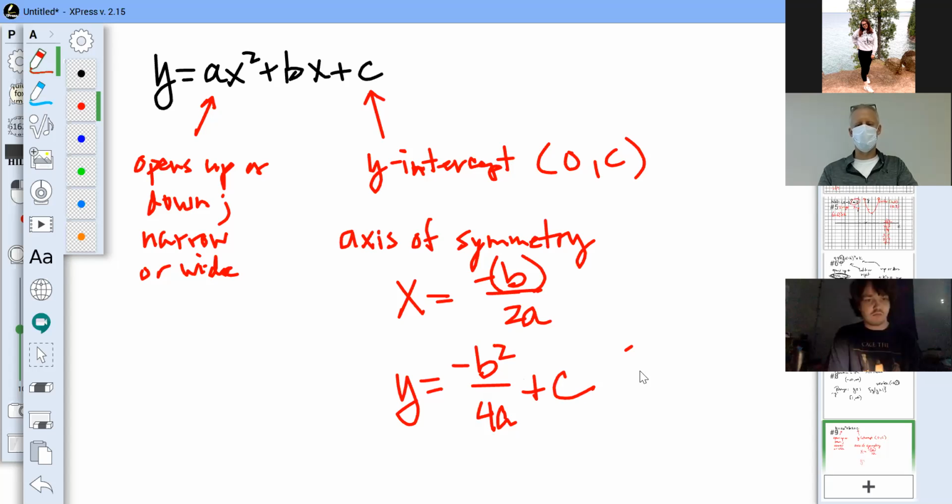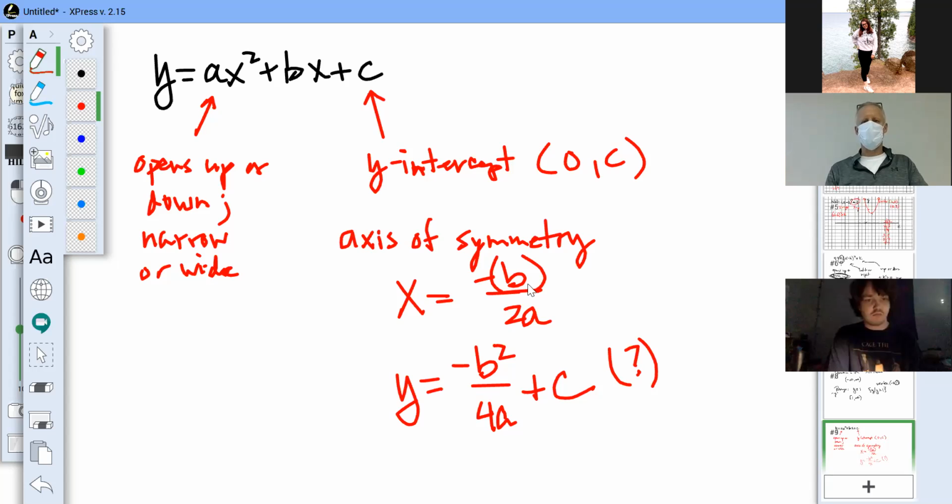Hold off on this one. Okay, write it down, but I may have to fix it. After I do a specific example, I'll know for sure. I always lose track of that one. I always just take the X value and plug it back in is what I do. I get the axis of symmetry, which is the X value. I stick it back into the parabola and I just calculate it by hand. It's not that difficult, but I want to give you the right information. So just hold off on that.